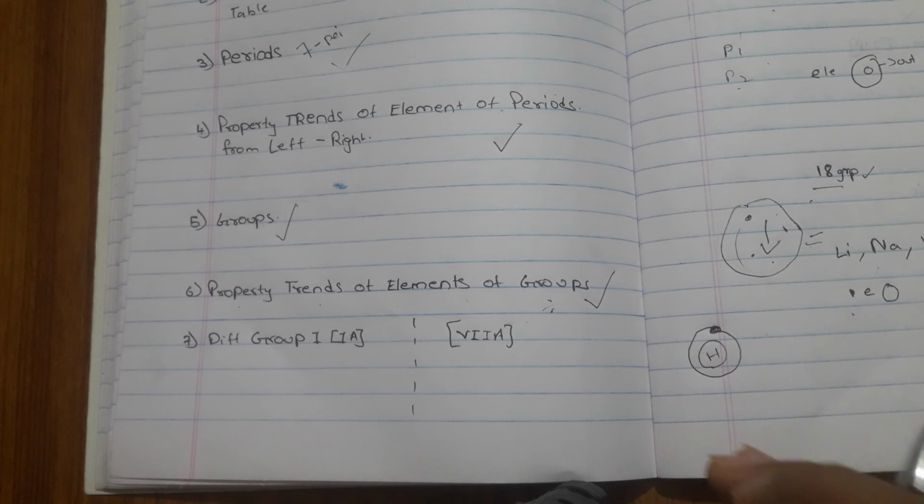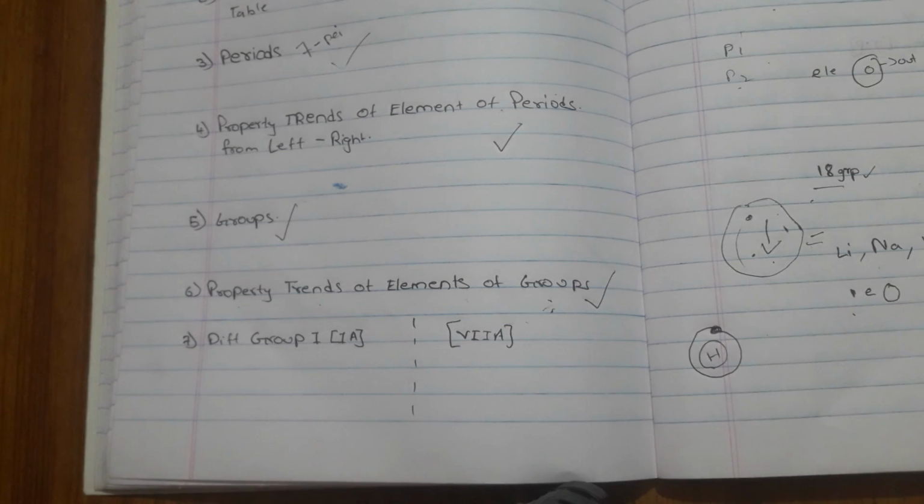Now moving to the 7A group, that is halogens, they have seven valence electrons, excluding helium. All other elements present in group 7A have 7 electrons in the outermost shell.